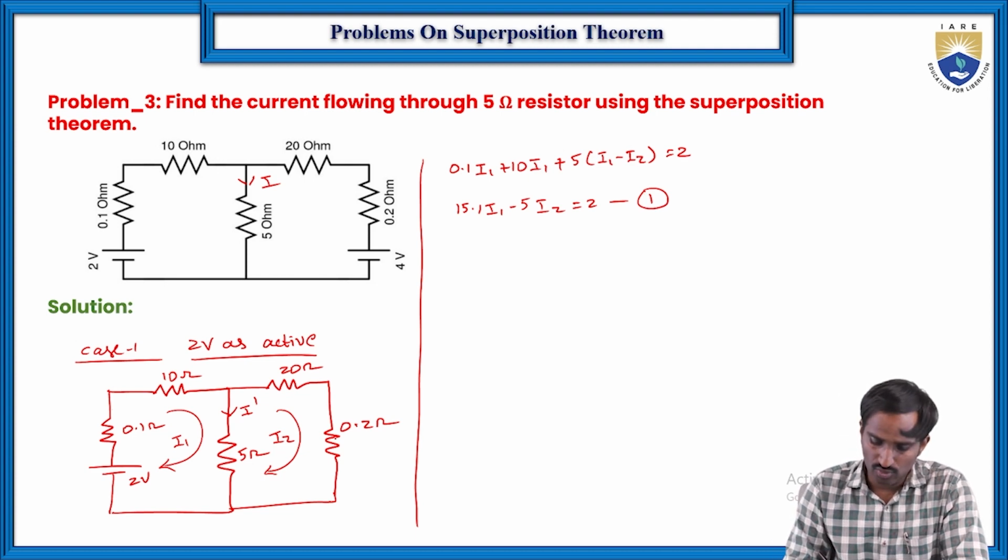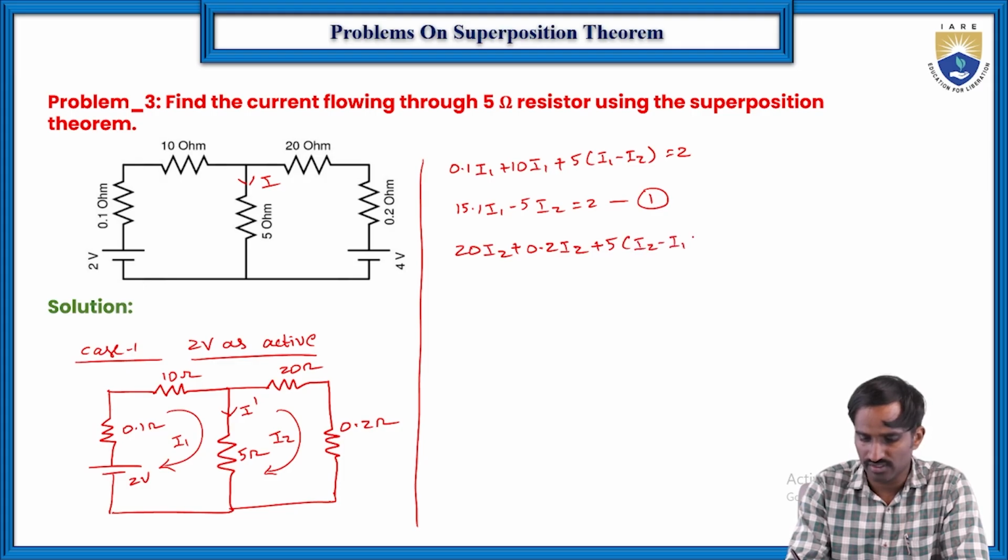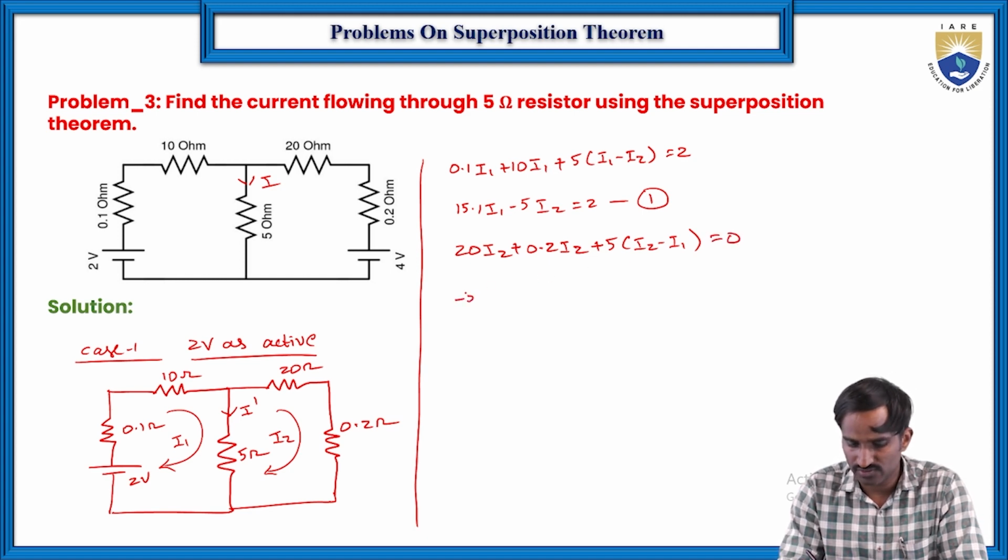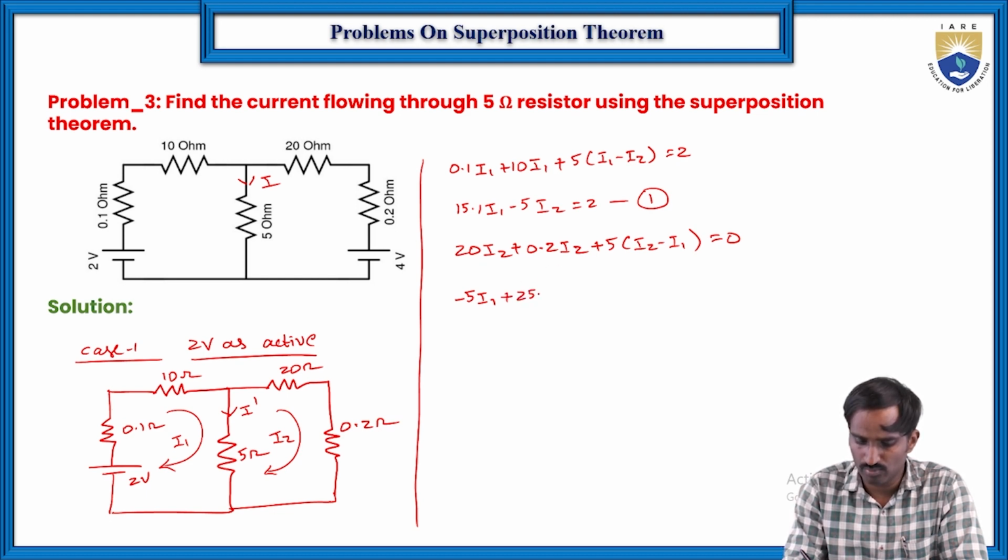Then coming to the second loop, let us start with 20 I2 plus 0.2 I2 plus 5 into I2 minus I1 equal to 0. Then here it is minus 5 I1, and here 20 plus 5 is 25, so 25.2 I2 is equal to 0.